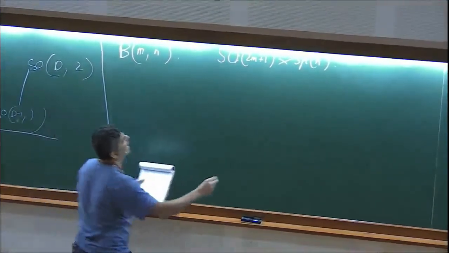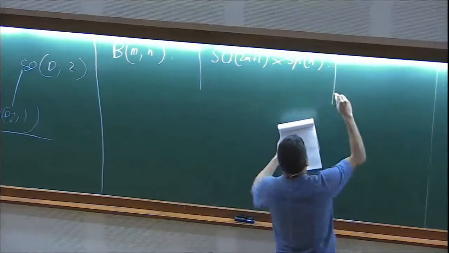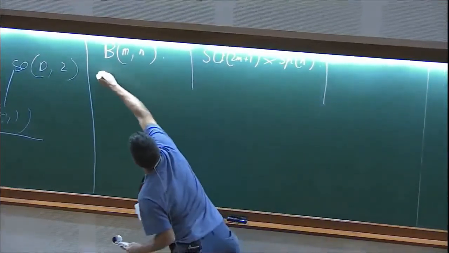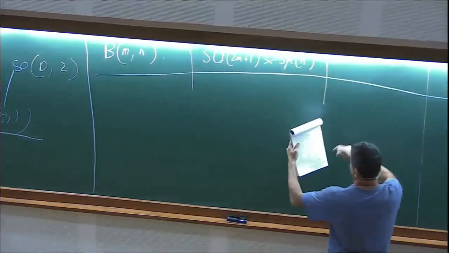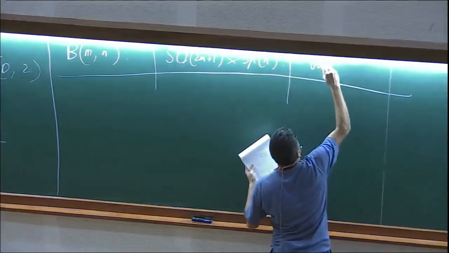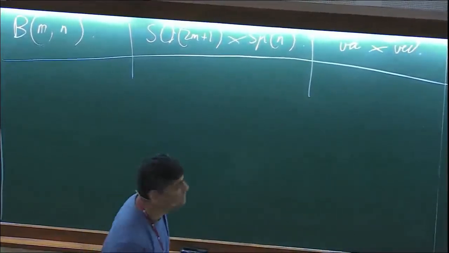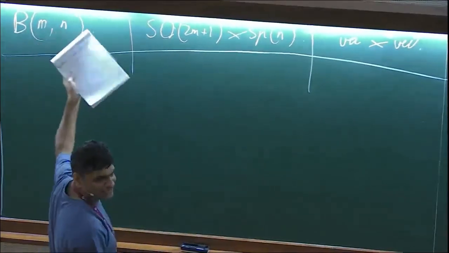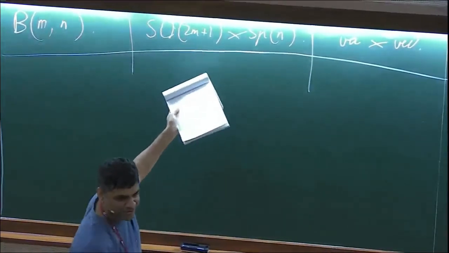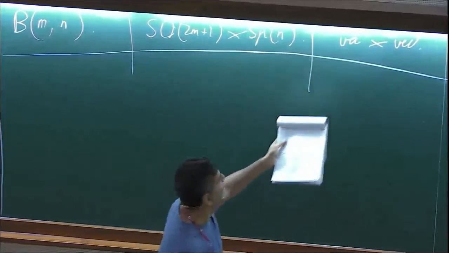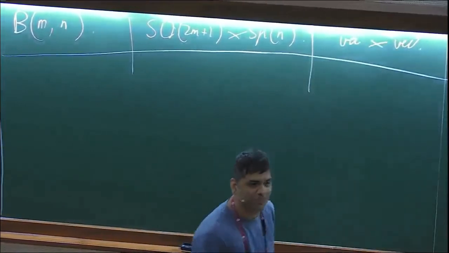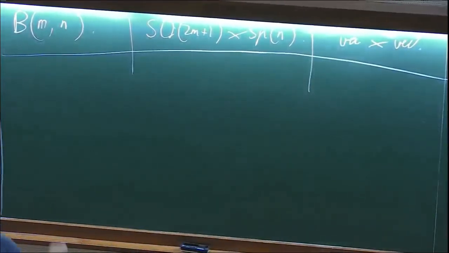So this is the bosonic subgroup, and this is how the fermionic charges transform under it. They transform in the vector times vector. This is a name for the full group. It means very little, unless you know it already. This is the bosonic subgroup, and this is how the fermionic charges transform under it.